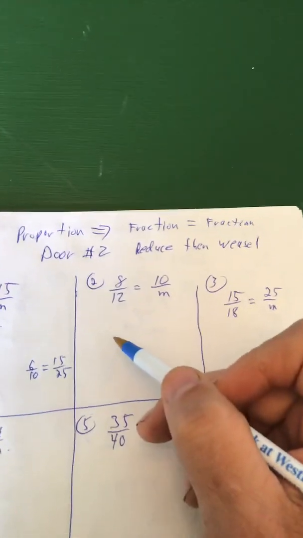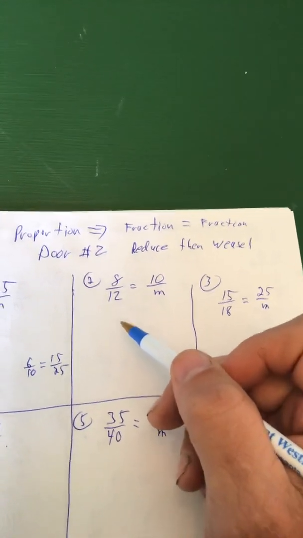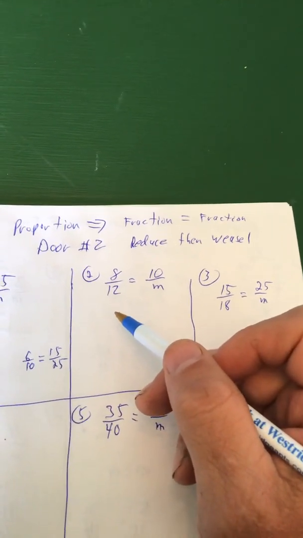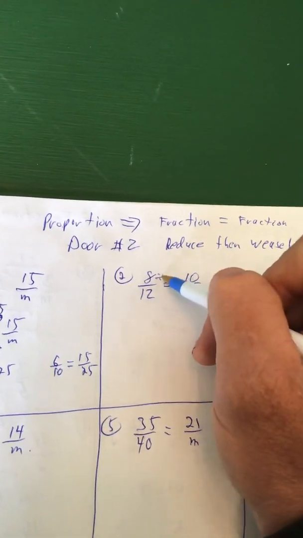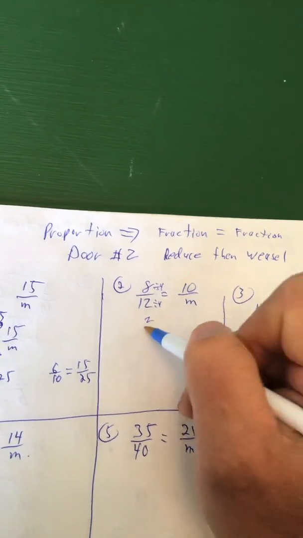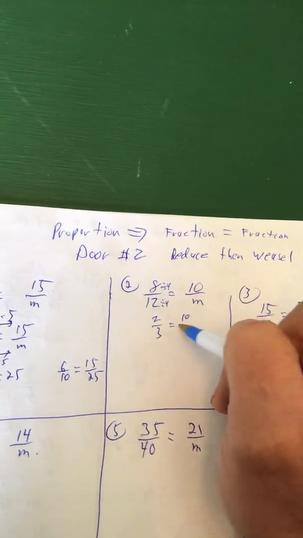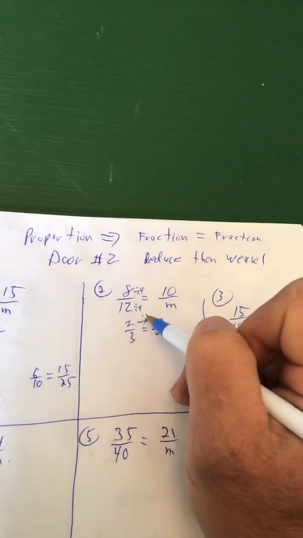So number 2, I'd like you to hit pause and do it. And if you don't know how to do it still, you need to see one more example, then don't hit pause. But anyways, here we go. I can divide both these by 4. And that becomes 2 over 3 equals 10 over m. And now I can go, that's just times 5.